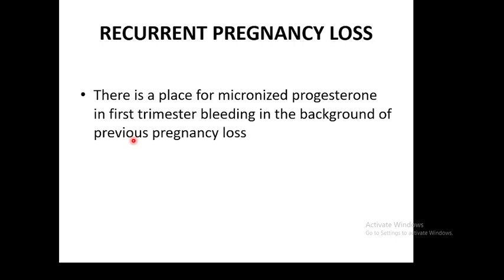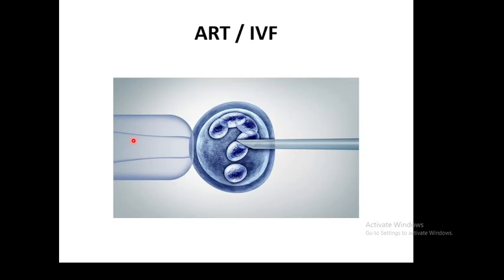The placenta is fully functioning maybe from 10 to 12 weeks onwards. Till such time, the corpus luteum is the main progesterone source, you know, medical listeners. And if you think there's a deficiency and she is bleeding with a previous pregnancy loss, there's a place for progesterone supplementation, especially in the first trimester.